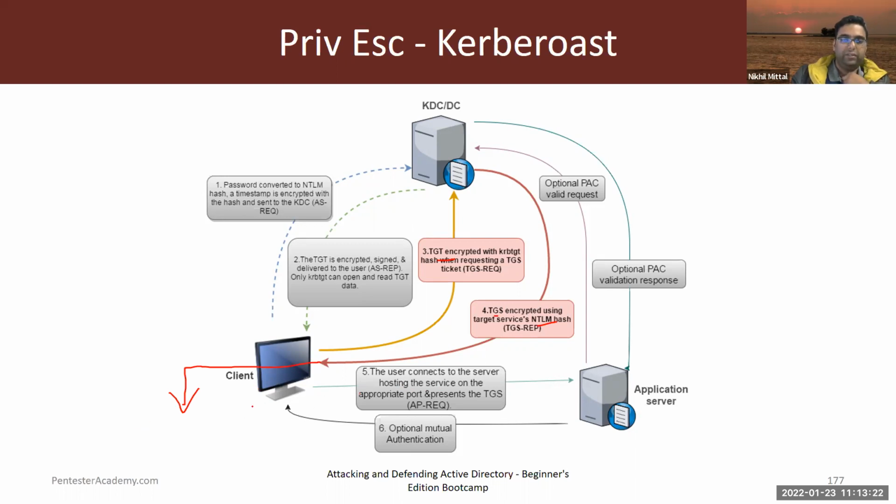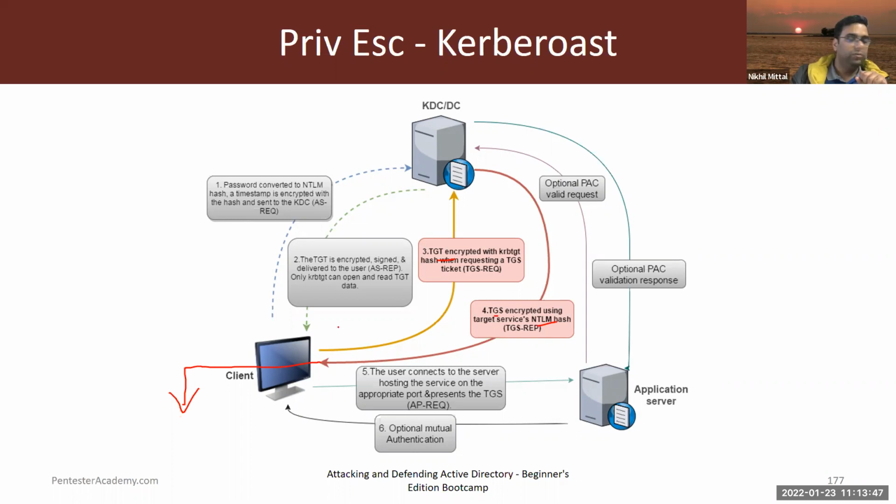All right. So what is the benefit of offline brute forcing? You can throw absolutely whatever computing power or GPU power that you have. There is no logon count or anything that is incremented, no lockout, nothing at all. So this is what the Kerberoasting attack is.